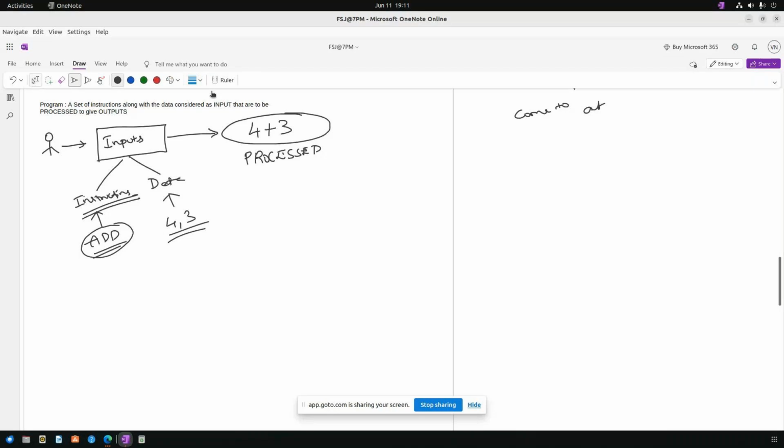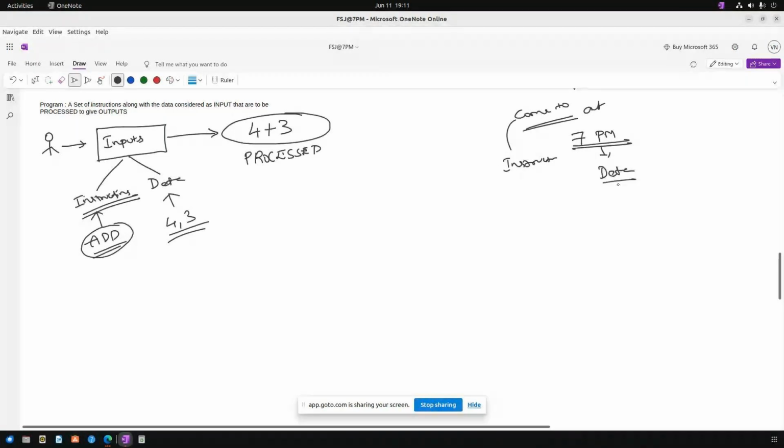What is this? Come to is an instruction, and 7 p.m. is the data. Without data, instruction is of no use. Without instruction, data is of no use.